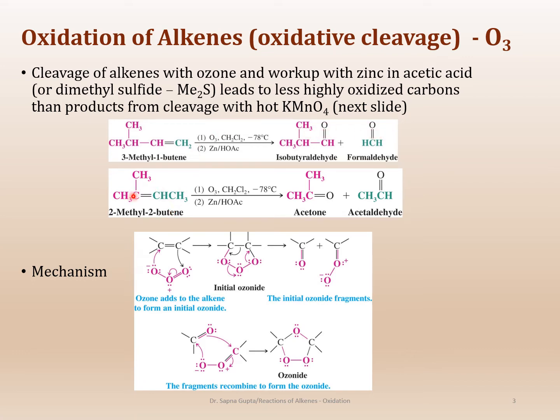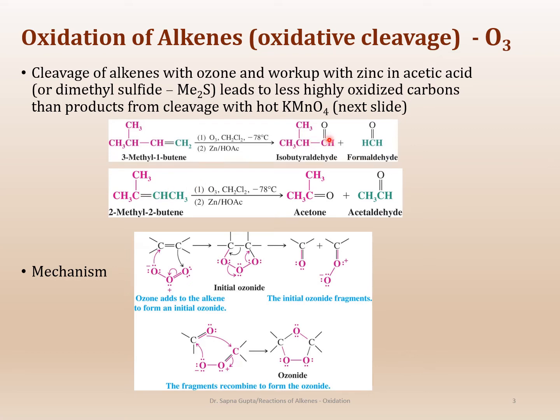When you have a carbon that is substituted on the double bond and another carbon that is not substituted, then when you cleave this one, there's no hydrogen on the left carbon, which means that you will end up getting a ketone. If there was a hydrogen, then you would get an aldehyde, which is what you see here. So if both of these were completely substituted with carbons, you will end up getting ketones.